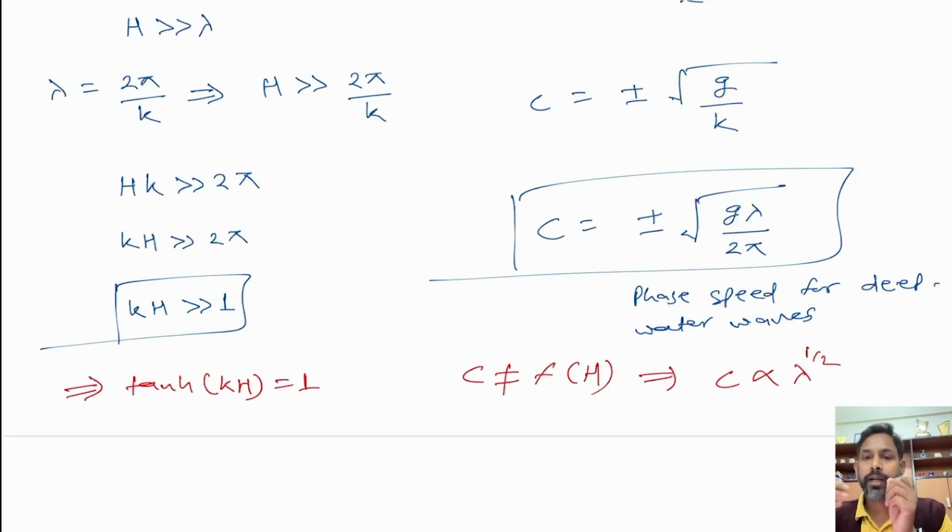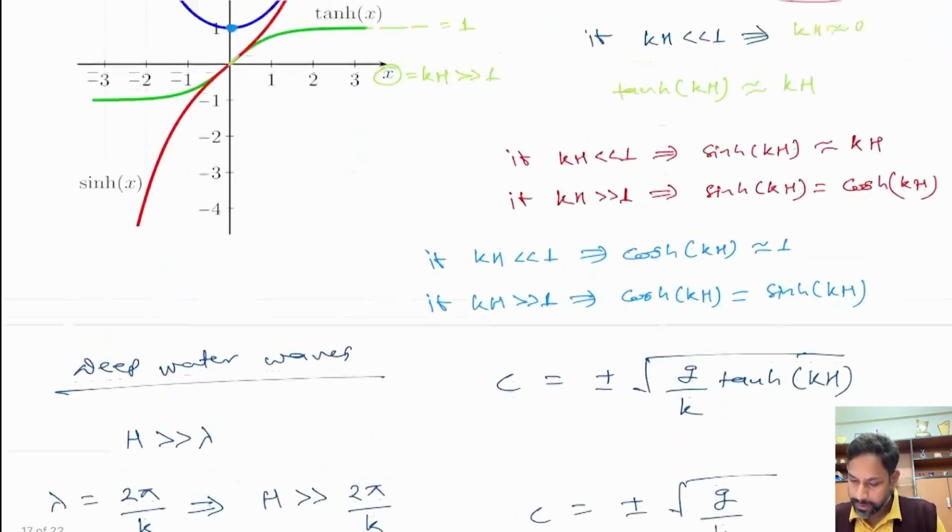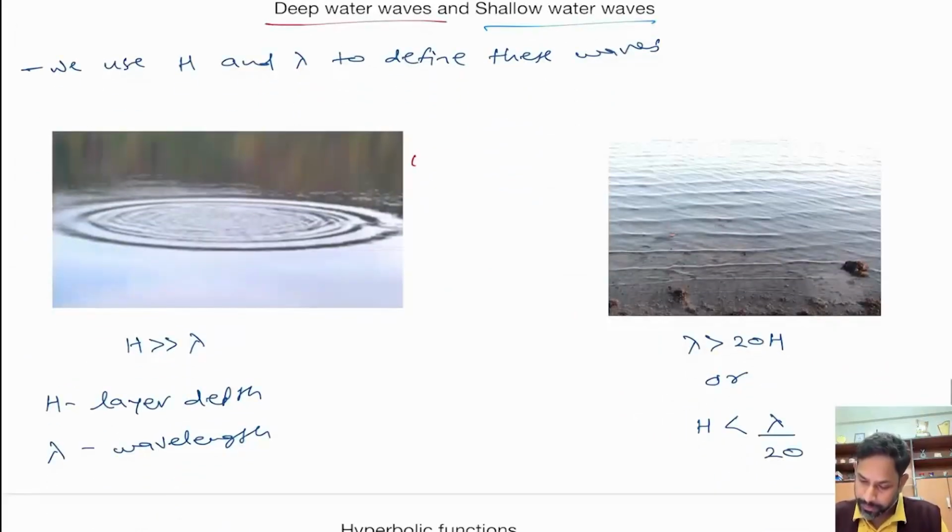So once we define deep water waves, it does not matter how deep the water is, your wave speed will only depend on the wavelength, okay? And that is why in this kind of images, as you see here, once you throw a stone, in the beginning when the wavelength is smaller, the wave speed or the crest will move slowly. But in these cases where you get the larger wavelength, the speed is also much greater, okay?